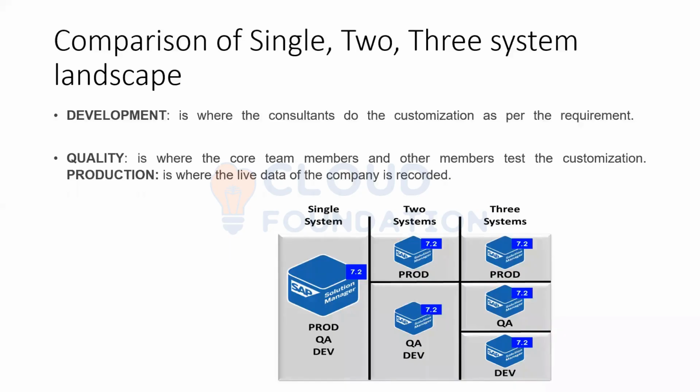If something goes wrong with the changes I made, the development system may get into trouble, but not quality and production. That is the reason why the three-system landscape was very successful. Nowadays almost all companies use a three-system landscape. It was a recent addition.